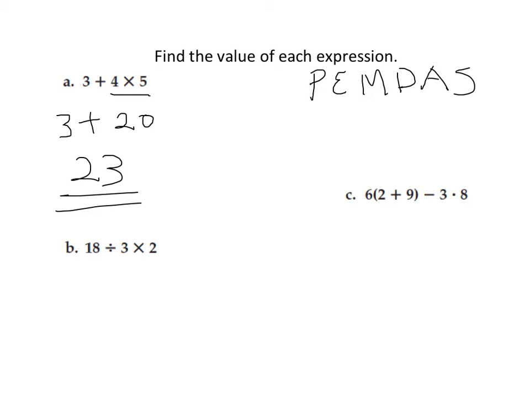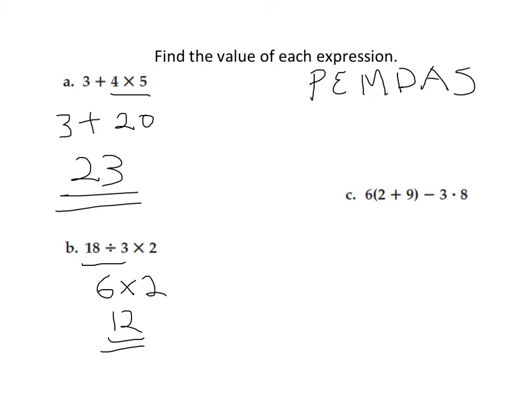So watch. The first thing I'm going to do, 18 divided by 3 is 6. Rewrite it using 6. Now I'm left with only one operation. That's multiplication. I can go ahead and finish that up. 6 times 2 is 12. My final answer after evaluating is 12.